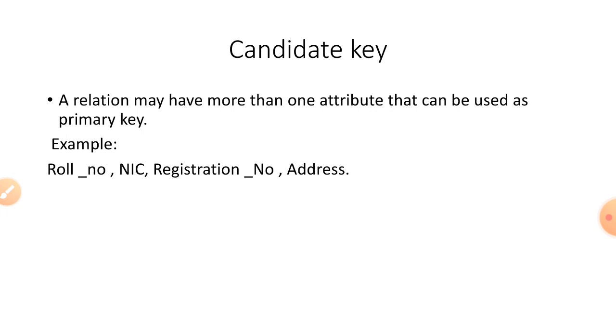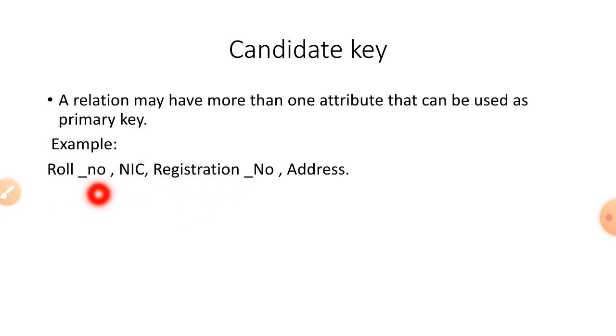So let's take an example. Suppose a student relation contains the attributes roll number, NIC, registration number, address. Over here roll number and NIC are also for unique identification, and registration number is also. If we have other different attributes that can be used as a primary key, then we can call all these attributes candidate keys.